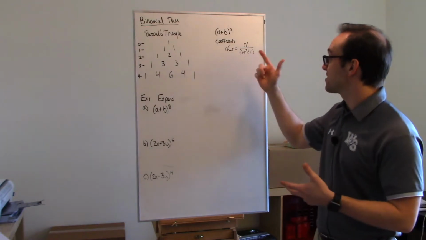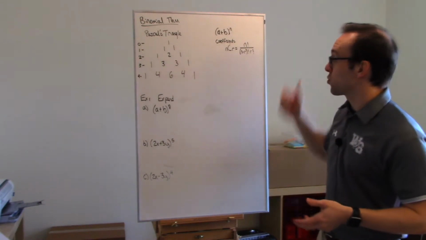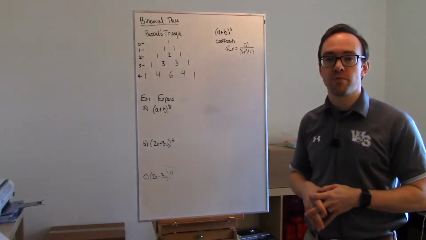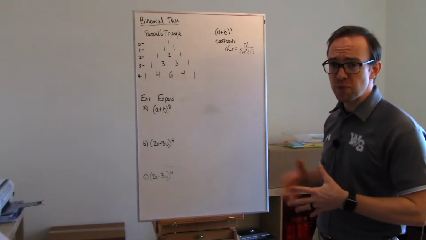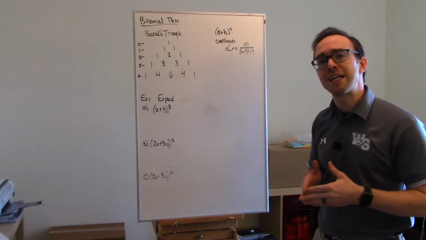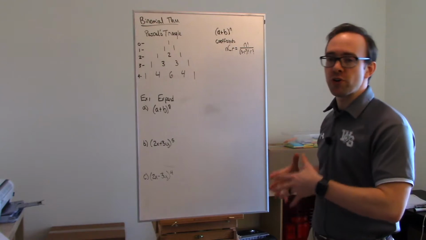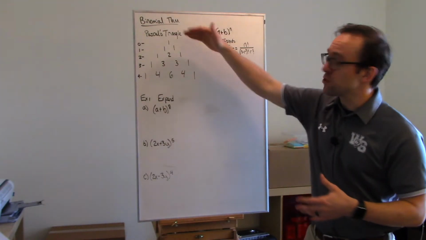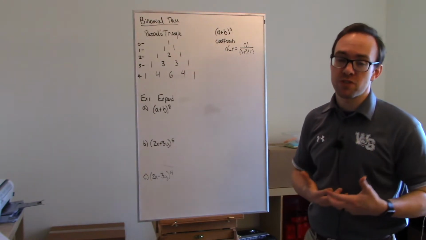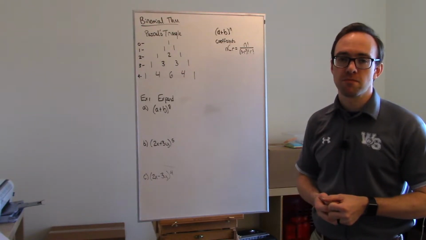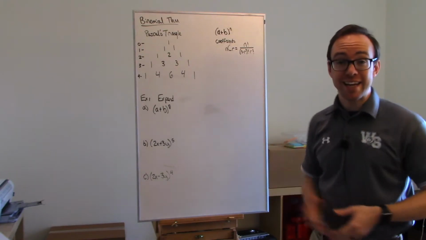The formula is nCr, which is equal to n factorial over n minus r factorial times r factorial. We're going to look at a few examples dealing with this, but keep in mind that if this is a little bit difficult or you're struggling with it, you can always use Pascal's triangle to get the specific coefficient that you need. With that being said, let's look at example 1.